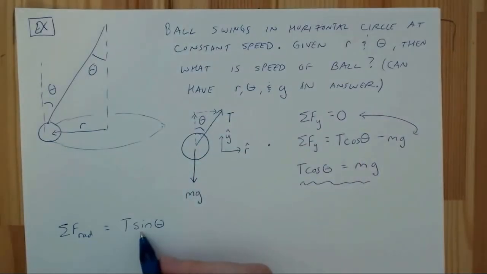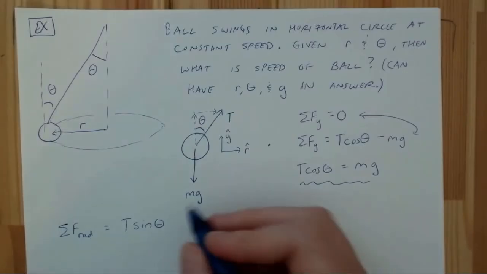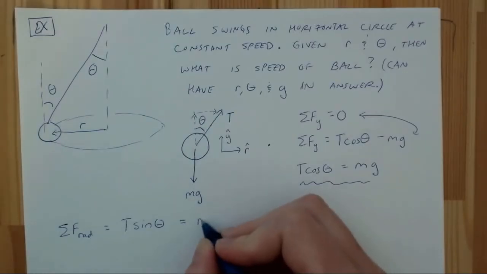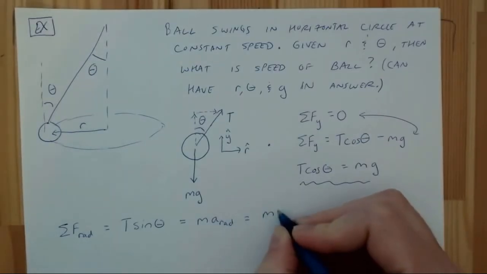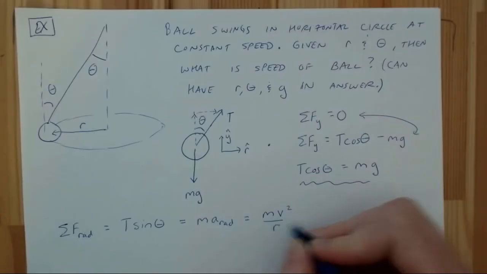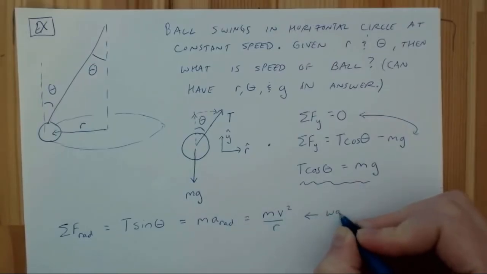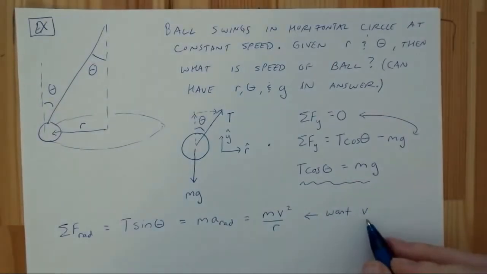And that's our only individual force acting in the radial direction. And then that's going to be equal to the mass times the acceleration in the radial direction, which is equal to m times v squared over r. And what we want is the speed.